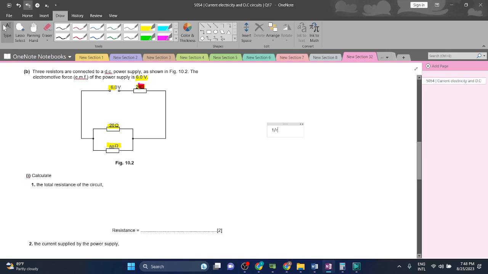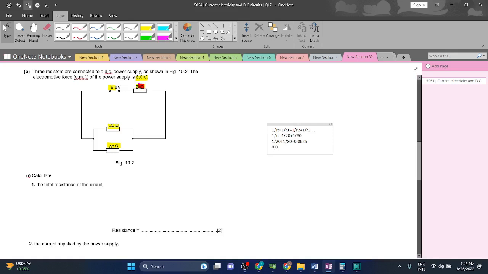So 1/R total will be equal to 1/R1 + 1/R2 + 1/R3, and so forth, as many as you need. 1/RT will be equal to 1/20 + 1/80.